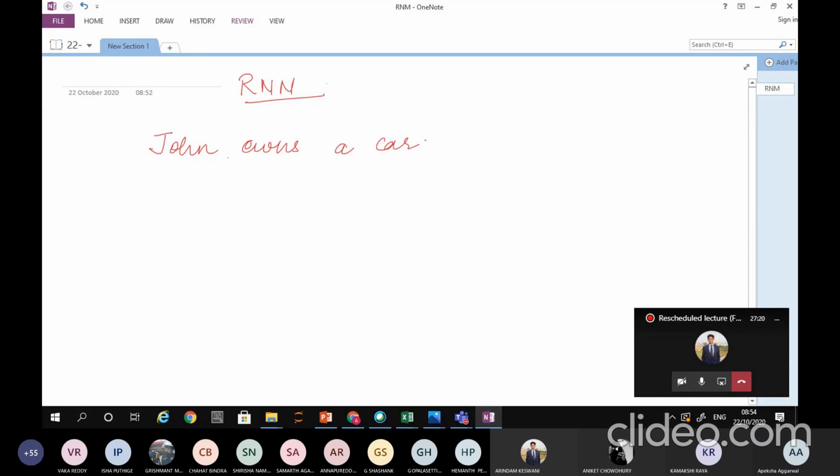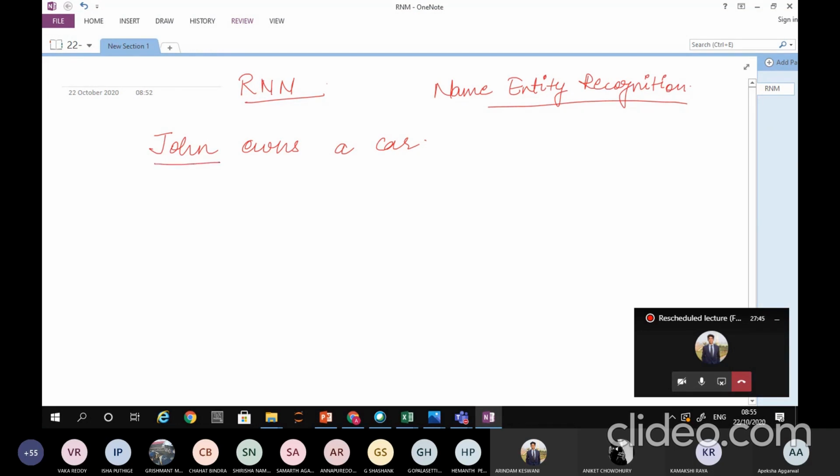What we want to do is named entity recognition, which means we want to identify the names of people in this whole sentence. So we want to identify John.